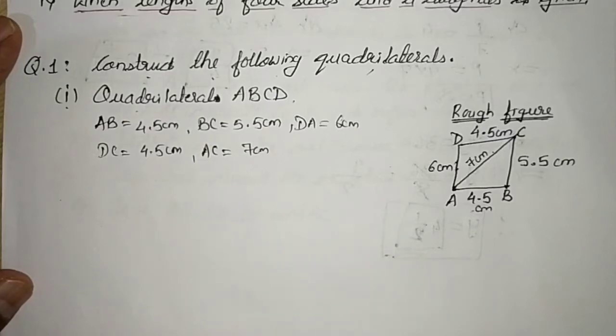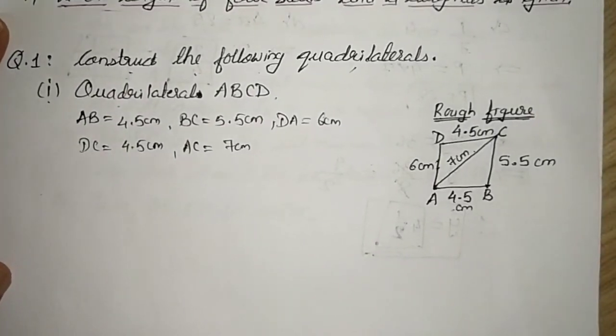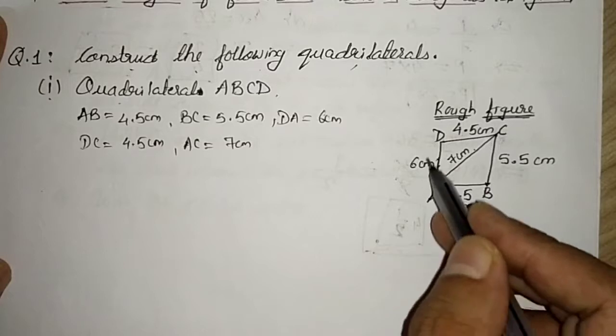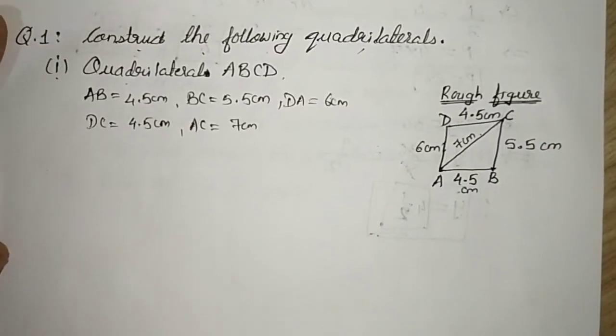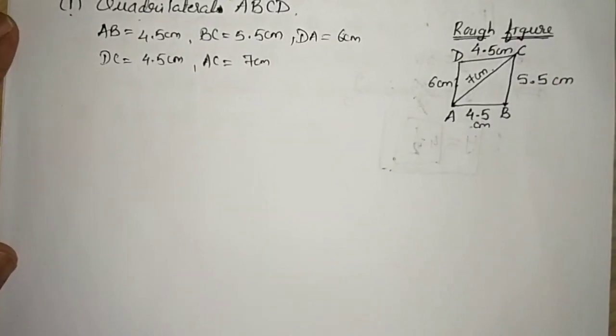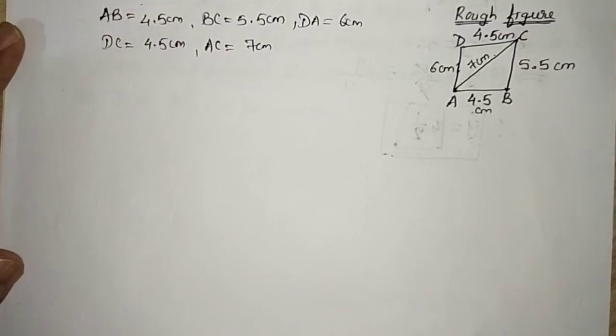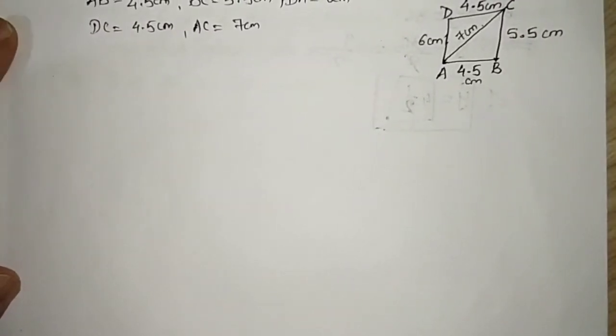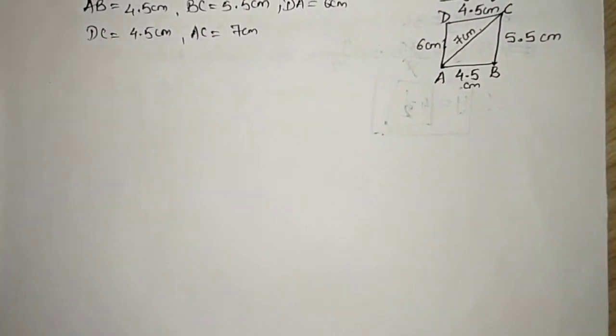How you will know this is diagonal? That is why I am telling you, you have to draw the rough sketch. Again, I am reminding you, please follow with me. Whenever I am drawing something, pause me so that you can understand properly.